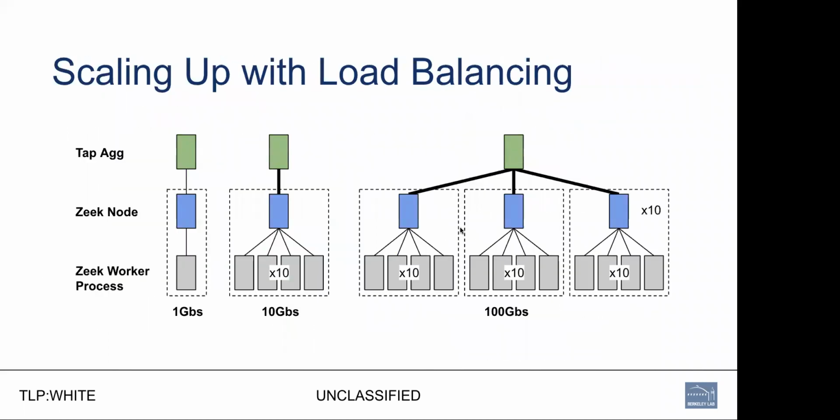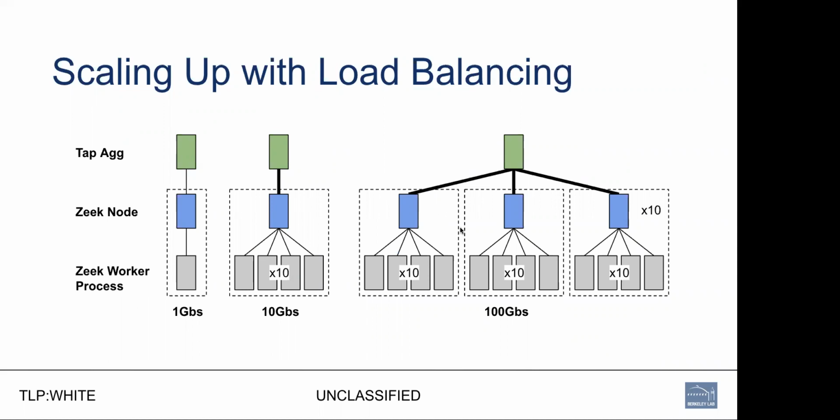And then above that, if you were talking about 25, 40, 100 gigabits per second of traffic, you could try to do that in a single server with lots of cores and a high-speed NIC, but it may actually be easier to just have multiple servers running a smaller number of cores each.